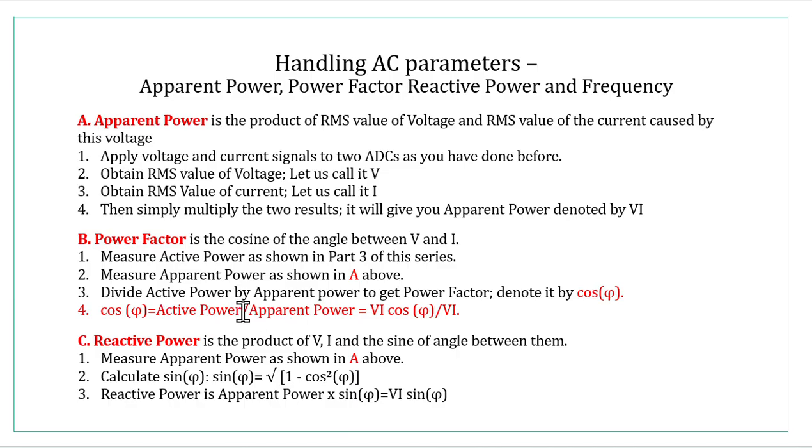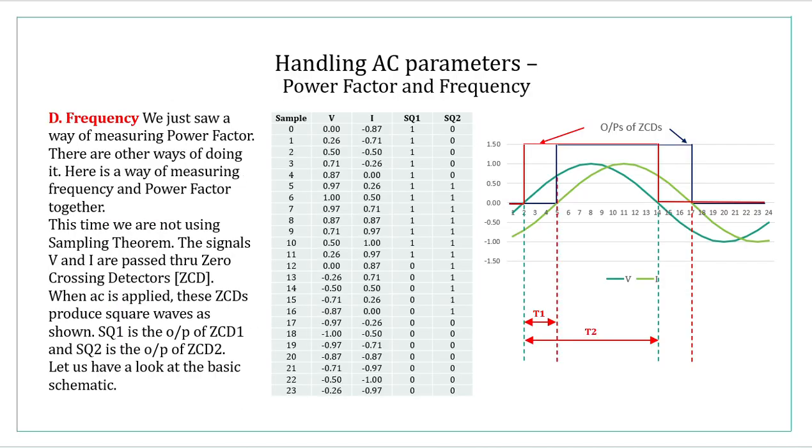So there will be an error because there is always a tolerance. There is an error here also because there is a tolerance. And therefore, this operation, which is going to yield this, will also have some tolerance. And therefore, cos phi using the earlier method may be less accurate than the method we are just discussing. So this method is likely to be more accurate than the methods we used earlier.